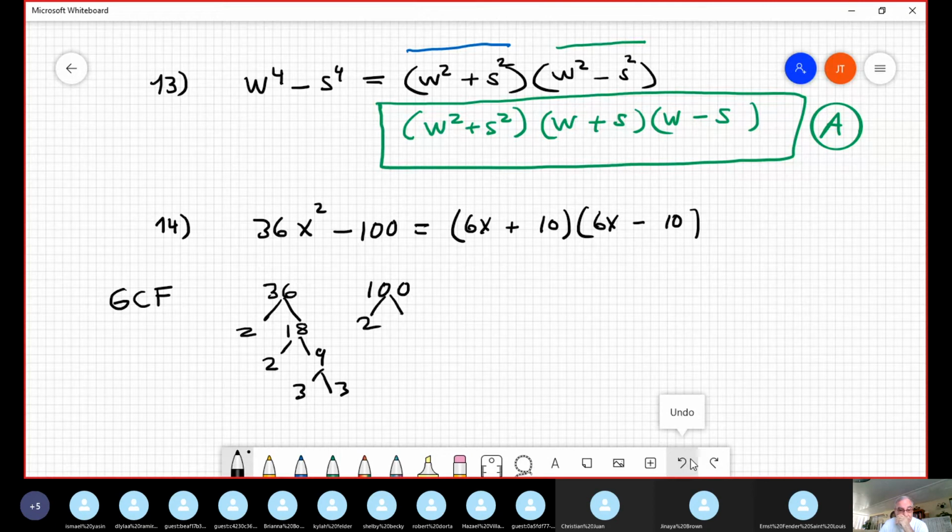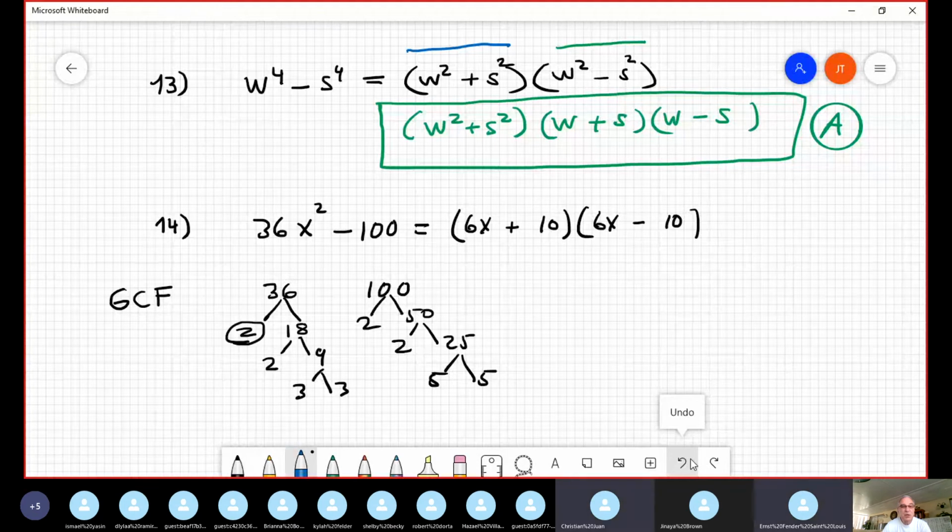And 100 is 2 times 50, 2 times 25. Now you see clearly the GCF, the factor that both numbers share. It's 2, only 2. And 2 times 2 together is 4.